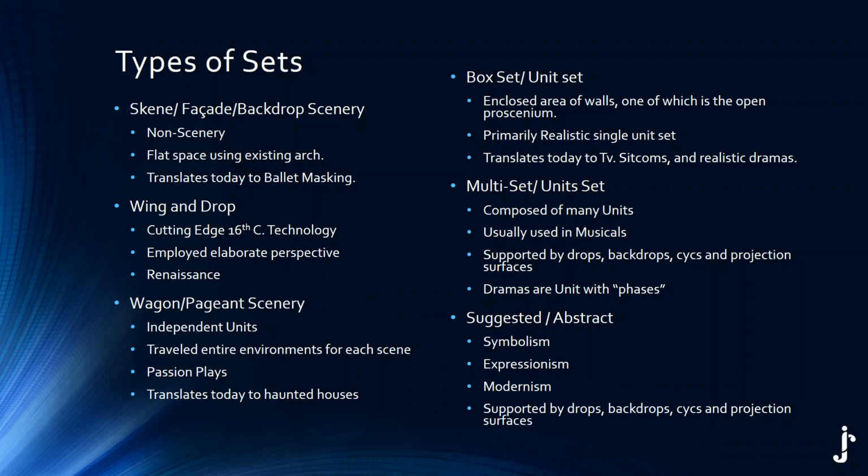So the enclosed area with walls around it, one of which is open to the proscenium and is primarily a realistic set, is a box set. It's a single unit that's primarily realistic. It translates really well to realistic dramas today, as well as TVs and sitcoms. But anything that is a unit set or one particular item, if it's not realistic, is still a unit set.